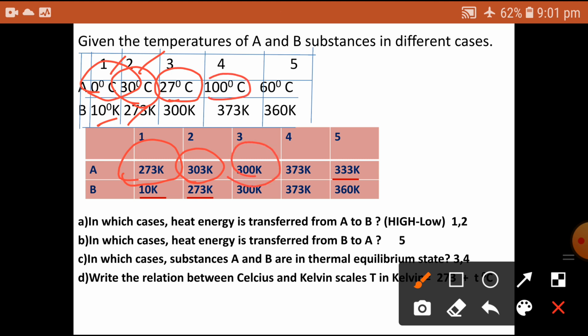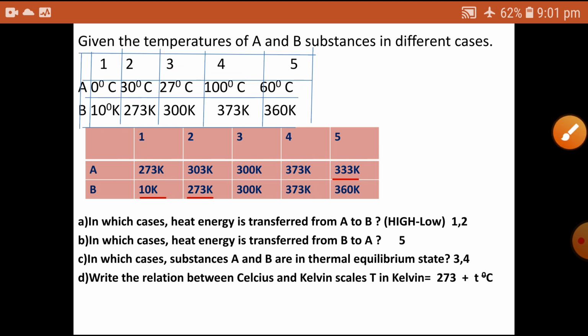And 100 degrees centigrade, 100 plus 273 gives rise to 373 Kelvin. And 60 degrees centigrade, 60 plus 273 gives rise to 333 Kelvin. Likewise, I converted all the temperatures of A from degree centigrade to Kelvin scale by adding 273 to the degree centigrade temperature.